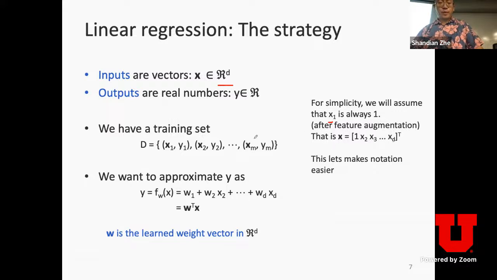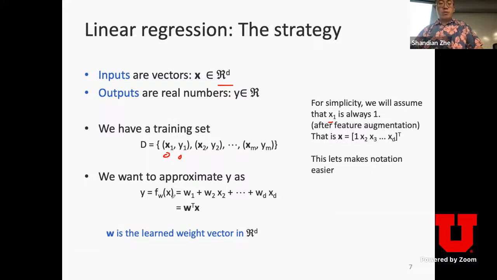Then we have collected a training set, m pairs of input feature vector and output value y. Then in the linear regression model, we're going to approximate output y as a linear combination of those features. Remember, x1 is 1.